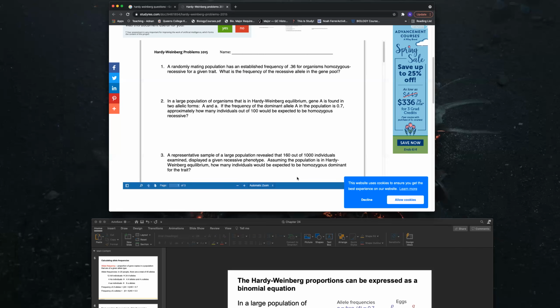Not 0.64, because that's Q squared, the 0.36. Q was 0.6, right? Yeah. And then 0.4 is the frequency of the dominant allele? Exactly, because it's out of 1. Got it.